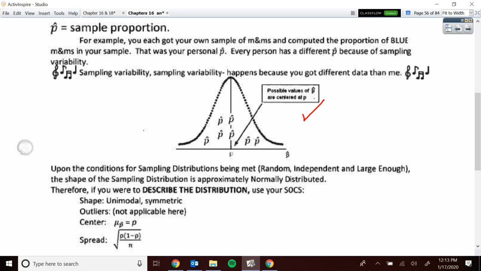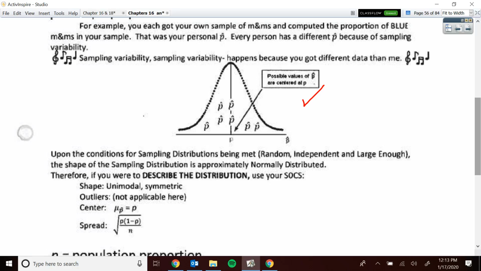Okay, and so when we take a look at our results, we want to be able to describe its distribution. And how do we describe the distribution? We do its shape and outlier, center and spread. Okay, so let's take a look at those on our proportion problem.